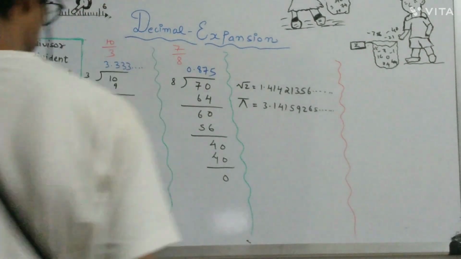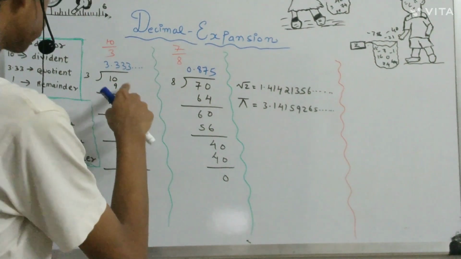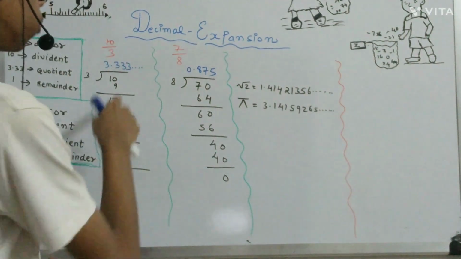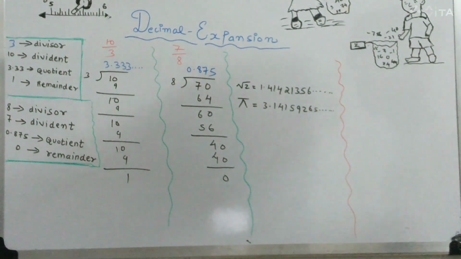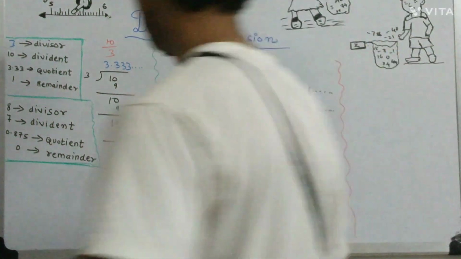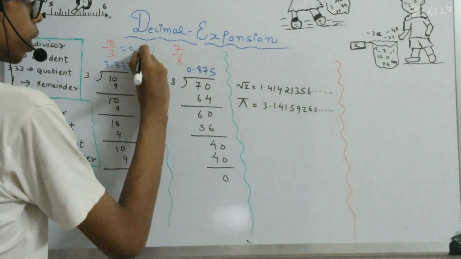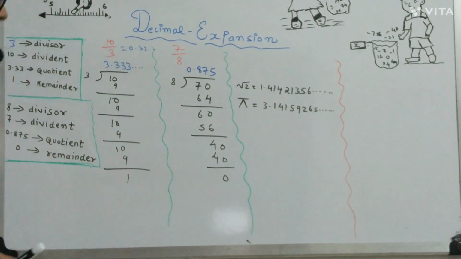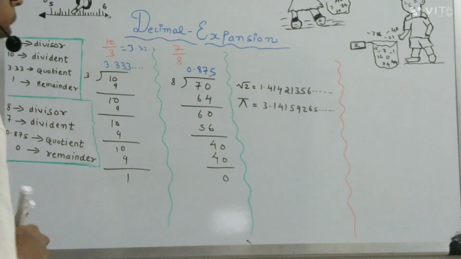Now let us see what pattern we are able to see over here. When we did 10 by 3, we got the quotient 3.33, and it is going like this.